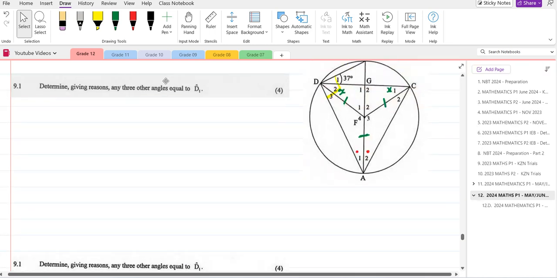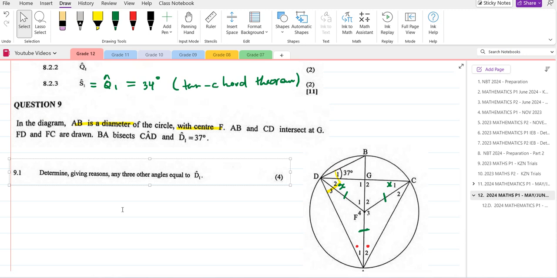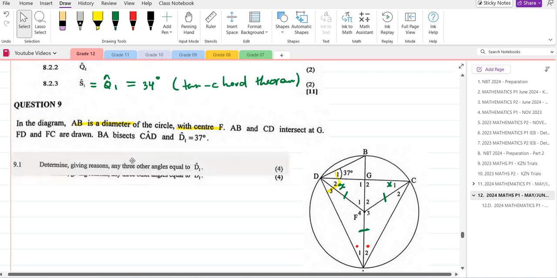The first question is: determine, giving reasons, any three other angles equal to angle D1. Which angle is equal to angle D1? We should have worked from angle D1 rather.